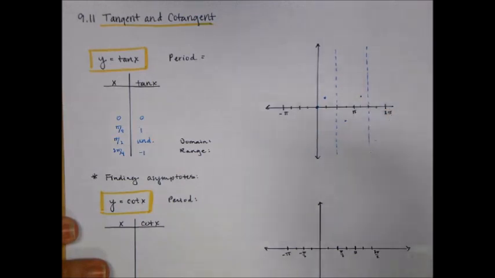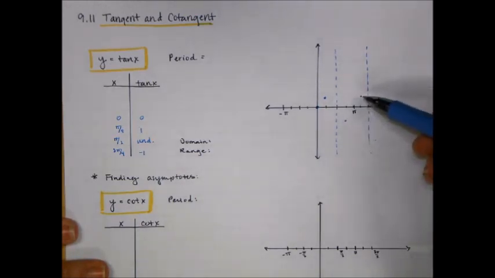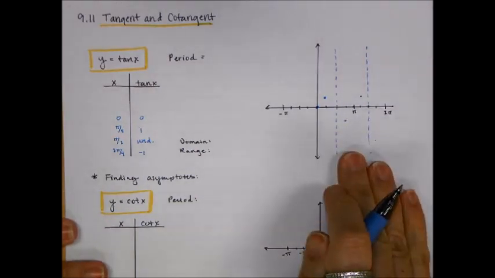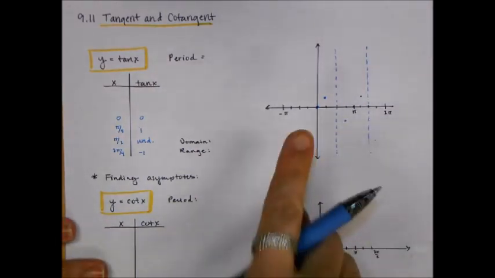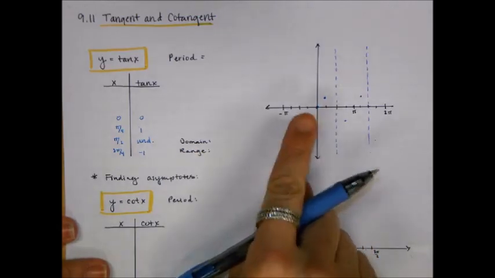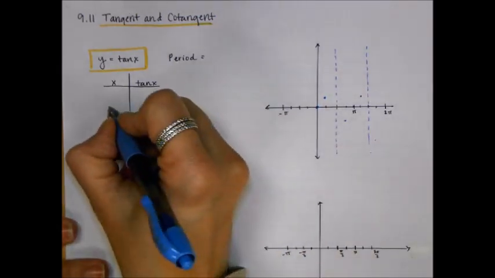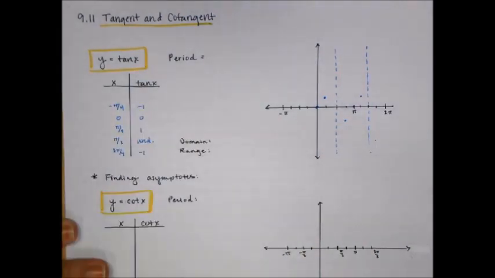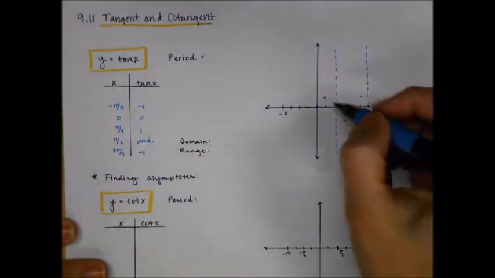So there is a period of tangent that exists right through here in between these two, but we wouldn't say that that's the first period of tangent. We want to deal where the origin is, so we're actually going to work backwards here. At negative pi over 4, tangent is -1, since we're in quadrant 4, where tangent is negative.